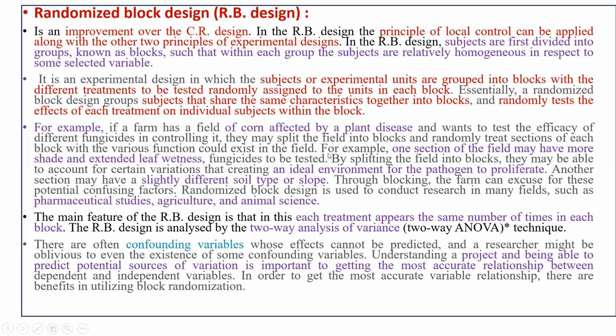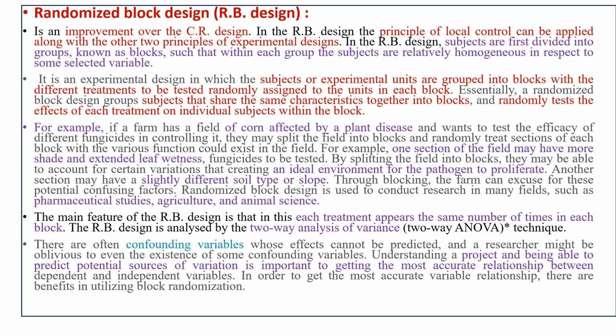For that, under this particular design, we want to see which fungicide is controlling it. So you can split the field into blocks and randomly treat the section of each block with various fungicides. Suppose you have a 10-acre field. Divide that field into 2 acres each, an equal division, which you treat as a block.